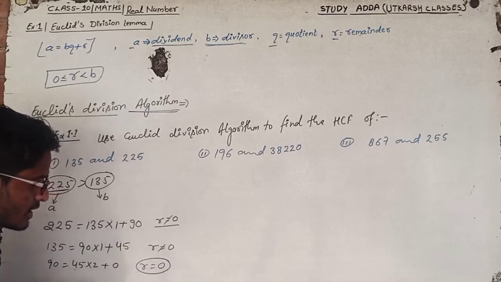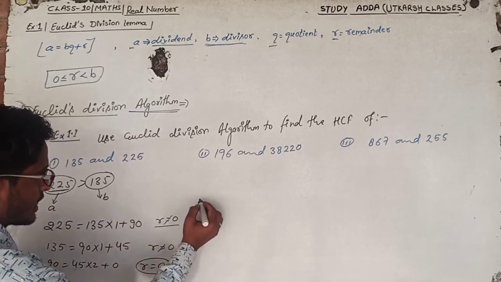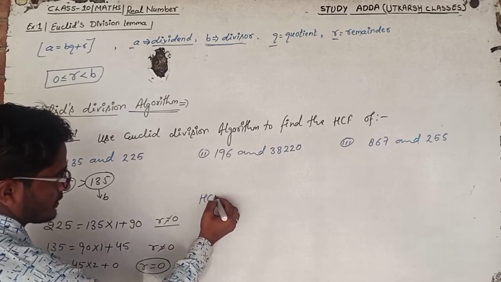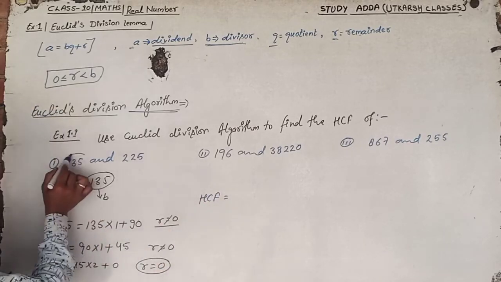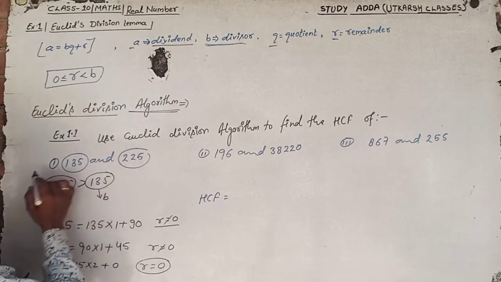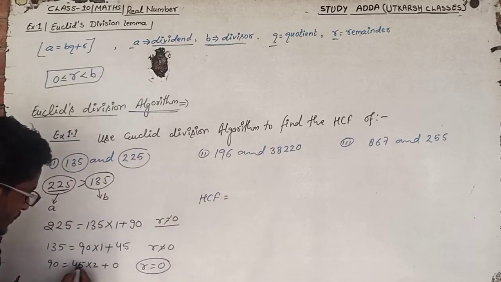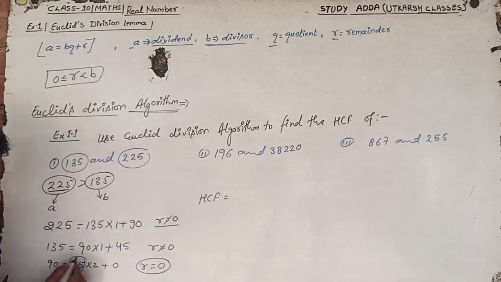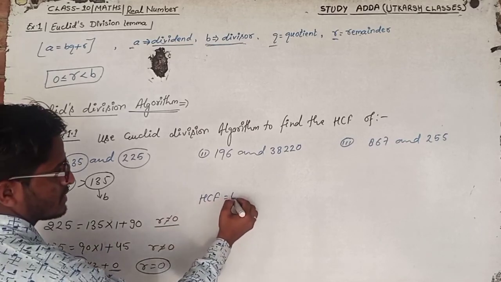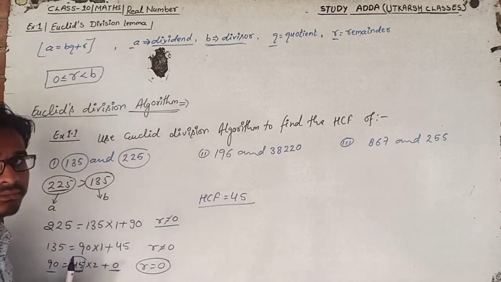Then we can say the HCF of the given numbers 135 and 225 is equal to the last divisor. Where the procedure stops, the last divisor is the HCF of the given integers. Clear?